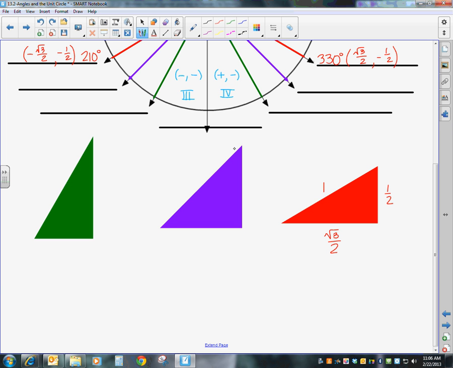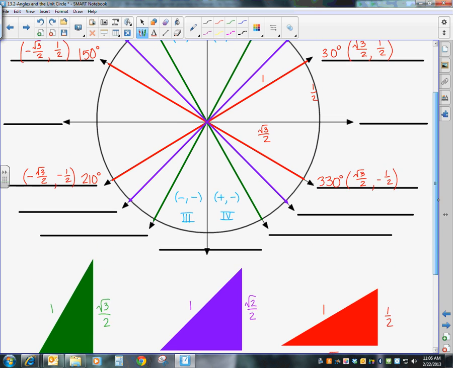So we're going in order. The next one is a 1, and this is my 45 degree. So that's the square root of 2 over 2, square root of 2 over 2. And then I have my 30, 60, 90 changed a bit, flipped, rotated: square root of 3 over 2, comma, 1/2. So let's go do those and fill in our blanks.